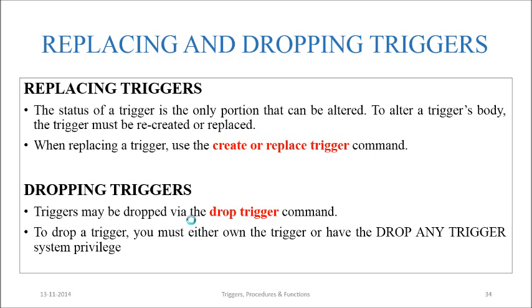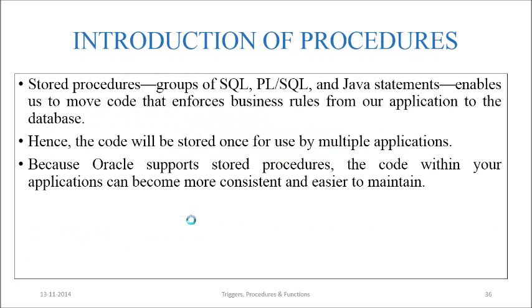Dropping triggers is just a simple command: the drop trigger command drops a trigger. To perform this drop operation, we must either own the trigger or have the drop any trigger system privilege.